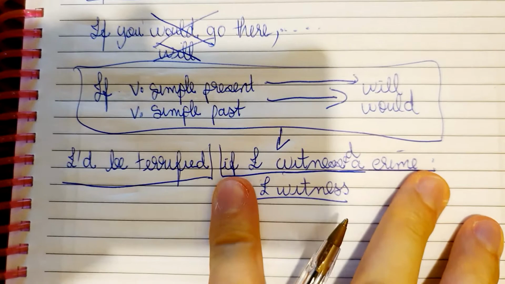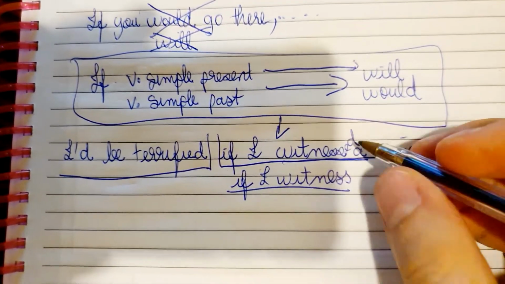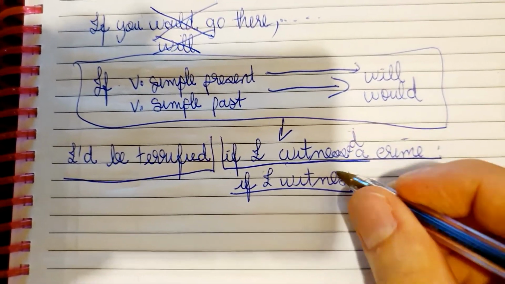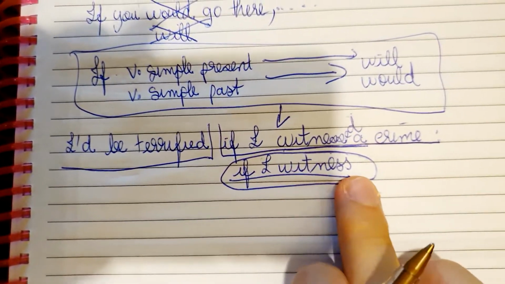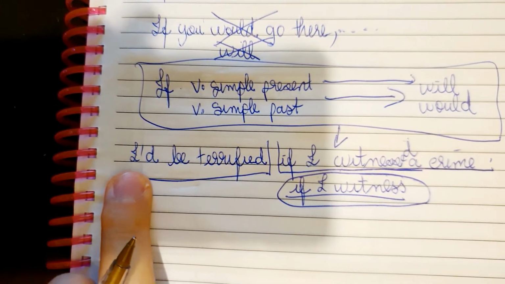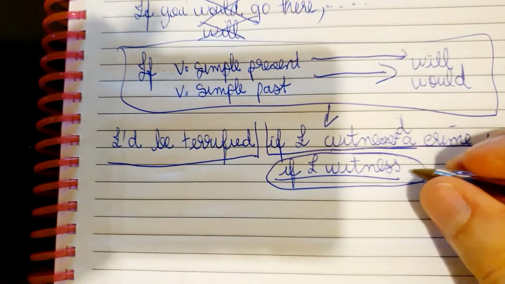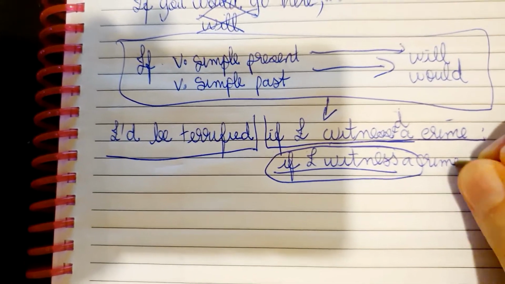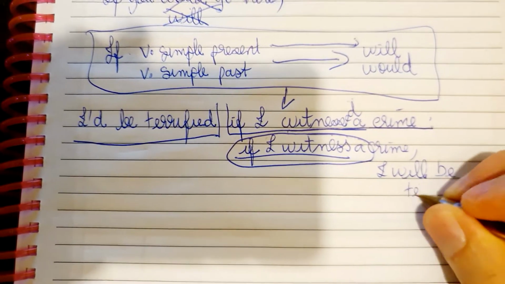The if clause is with a verb in the simple present. If I witness a crime, so what is the correct part here? I'd be terrified? No. If I witness a crime, I will be terrified.